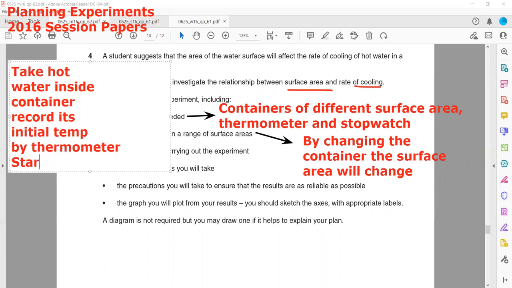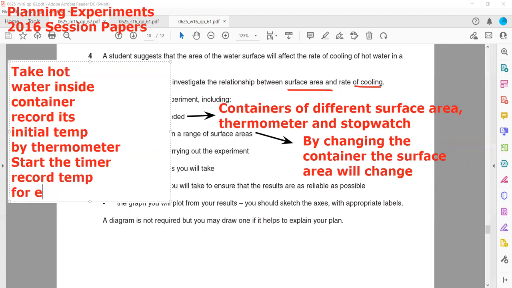Then we will start the timer, the stopwatch, and record the temperature every 30 seconds for 3 minutes.